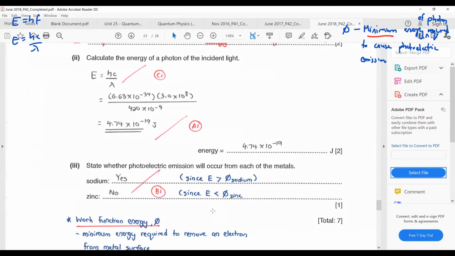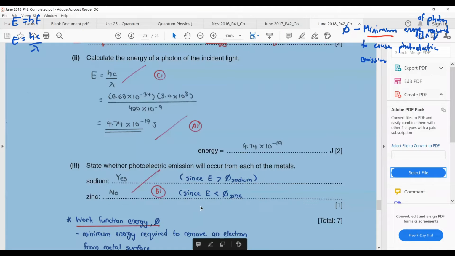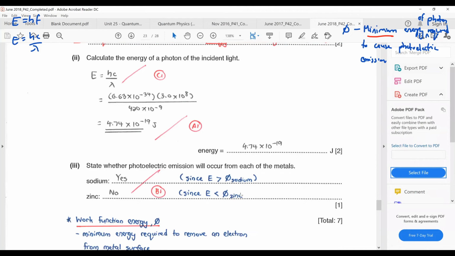So logic will tell you that if the energy of the photon is more than the work function energy of sodium, you're going to have photoelectric emission. If on the other hand, the energy of your photon is less than the work function energy of zinc, you're not going to have photoelectric emission, because this one means not enough energy.